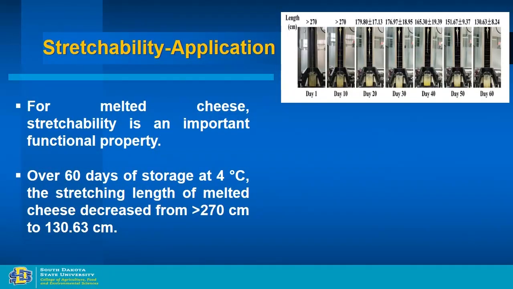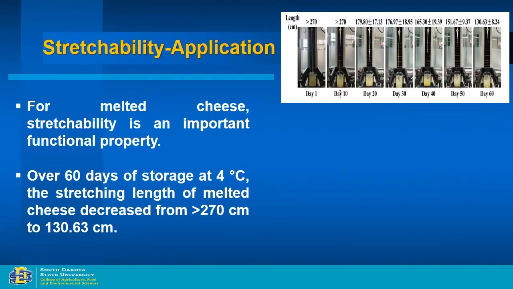I didn't bring those pictures, but I thought I could explain how we do that. So you can measure how much it went, calculate the deformation, and from there you can differentiate the different types of cheeses. In the literature, we found this is one of the methods they used.